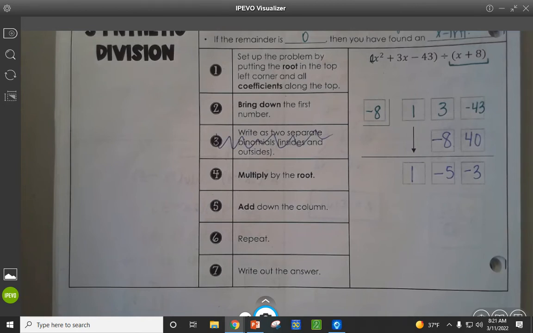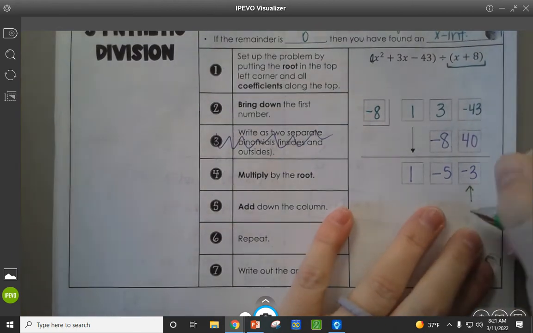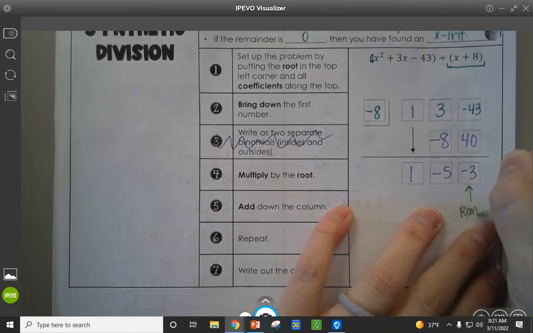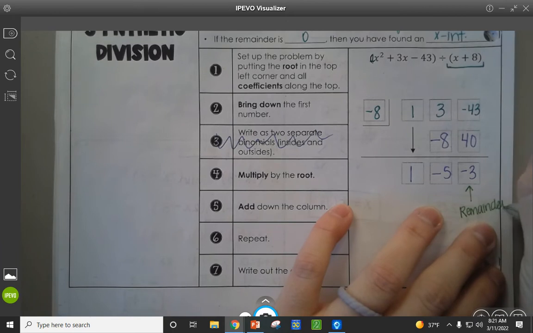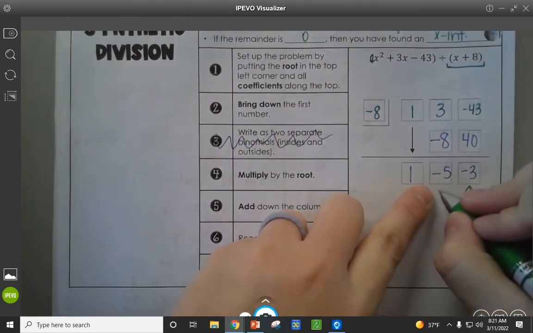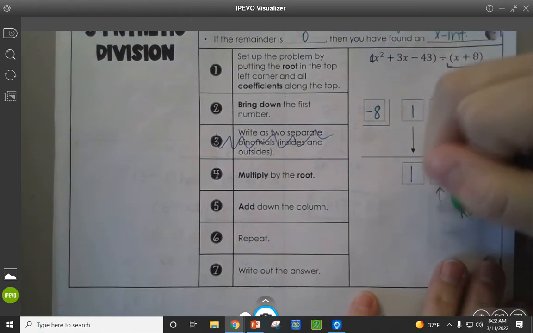Then we have to figure out what these numbers at the bottom mean. Looking at the far right, this far right number is your remainder. And then working our way to the left, the next number is a constant. I have to go sideways here.